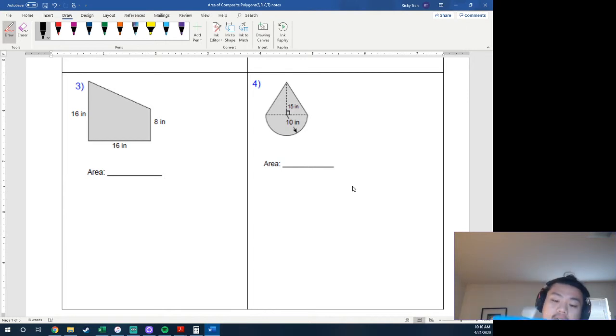Here, I'm going to split this into two. This is still 16 inches right here, and since this is 8, this right here is also 8 inches.